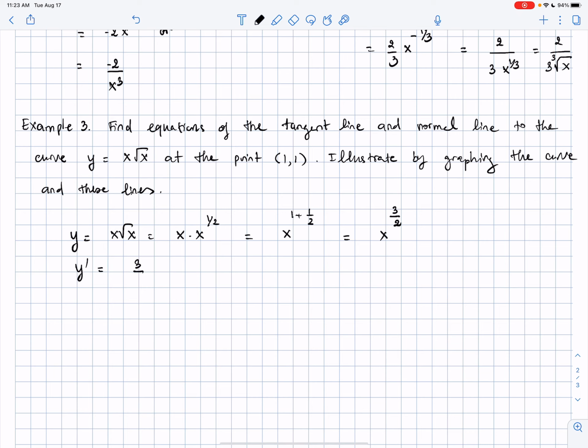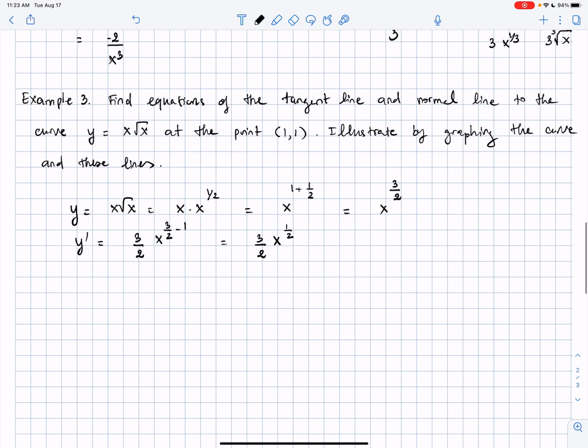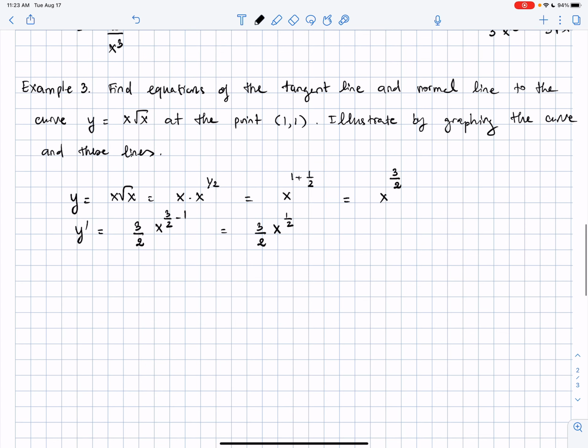So 3 over 2 moves down, and the exponent is 3 over 2 minus 1. Then 3 over 2 x to the exponent 1/2. Okay, so this is the first derivative, but we know that the first derivative is the slope of the tangent line.